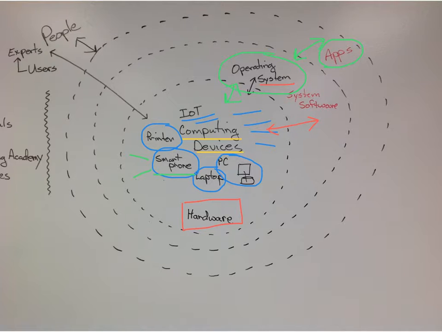So if you're going to download an app for your Android, then it has to match an Android. The same thing is true if you're going to download something for Windows operating system. You would have to have a different version of that software, if it existed, if you want to run it on Linux operating systems.